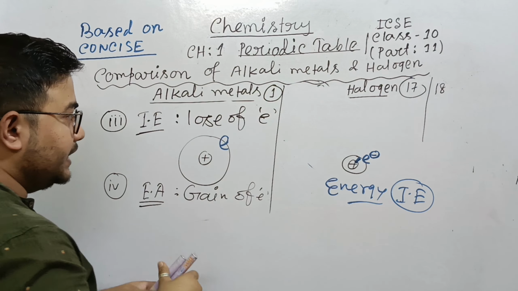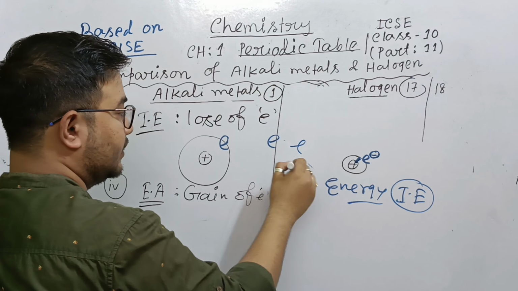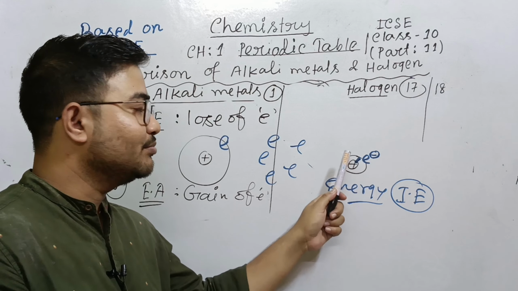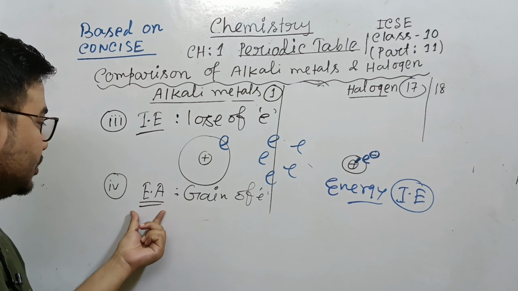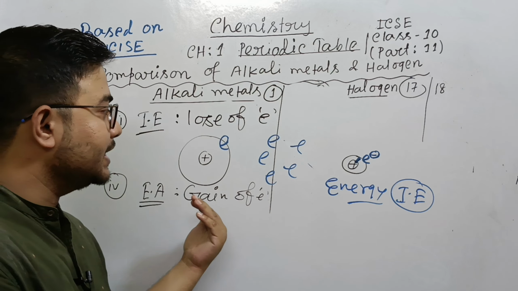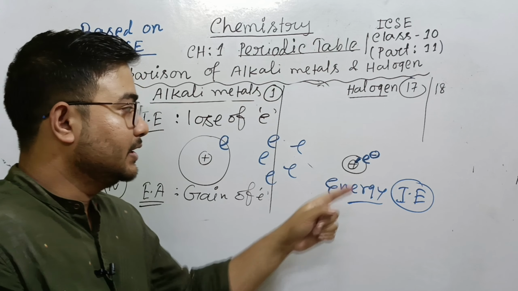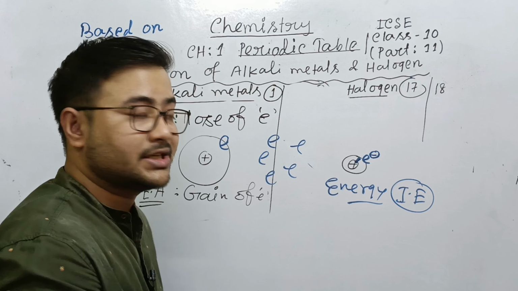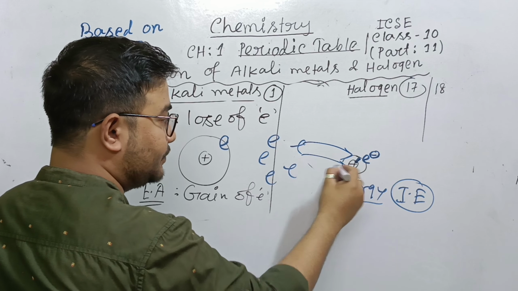So if some free electrons are available, which atom has more tendency to accept them? Electron affinity means gain, so which has more tendency to gain? Obviously the halogen, because its radius is less, so there is more attraction and it can easily accept electrons.